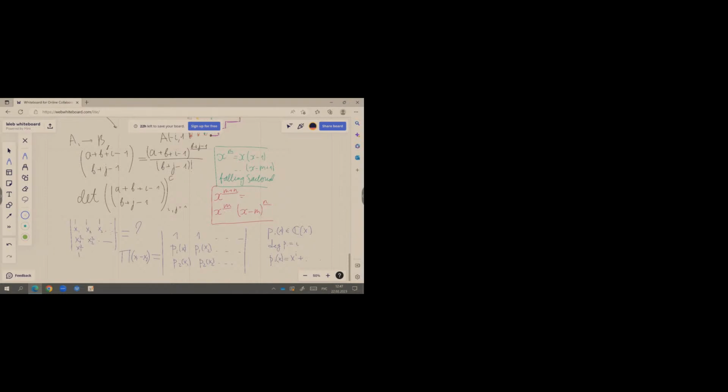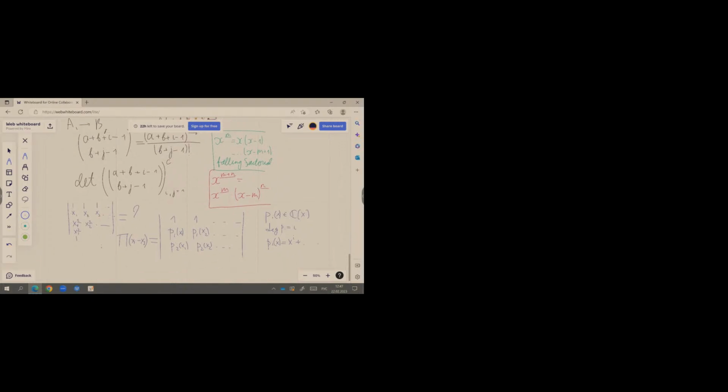Okay. I think let's use the last 5 minutes to discuss the final exercise: how to choose and how to derive the limit form of this formula.